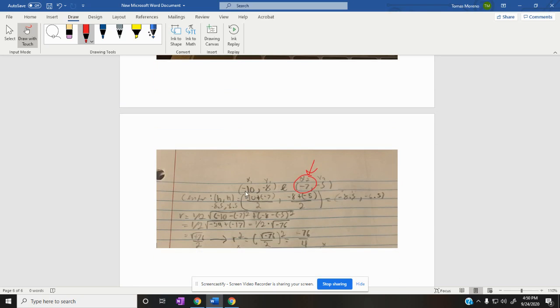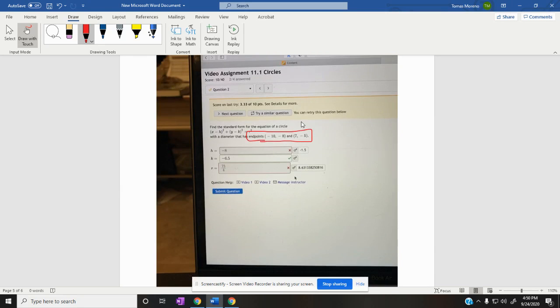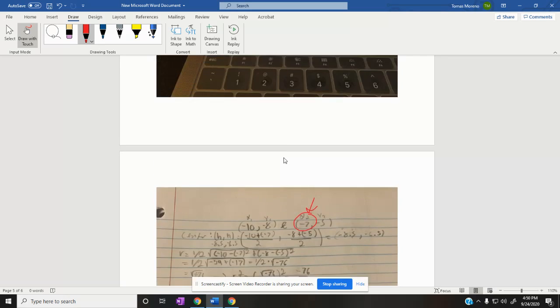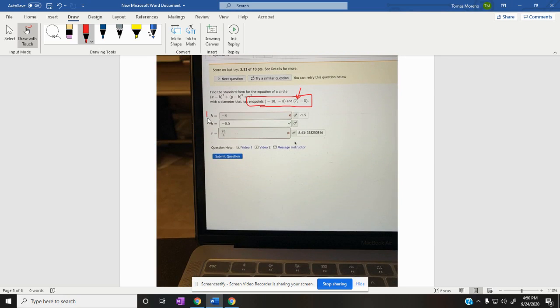Notice it says -10, -8, -7, -5. I don't know if you caught that, but it's actually +7. And because you changed the x from a +7 to a -7, x is your h value.